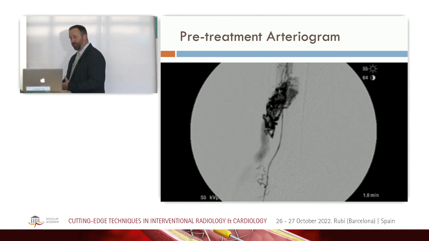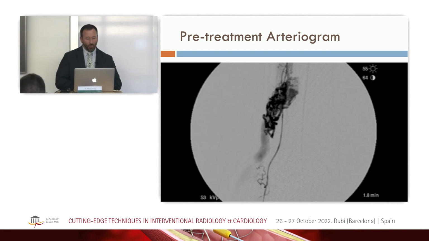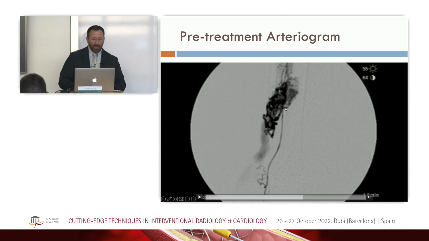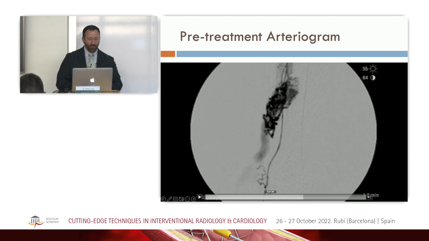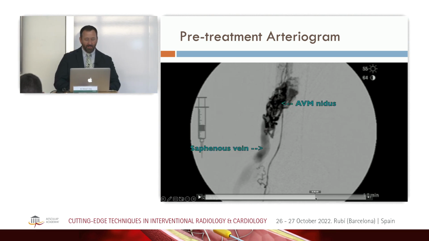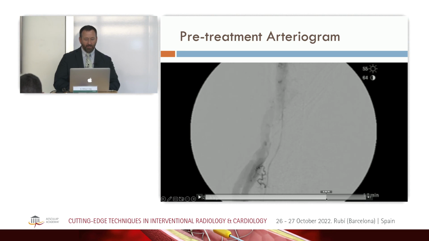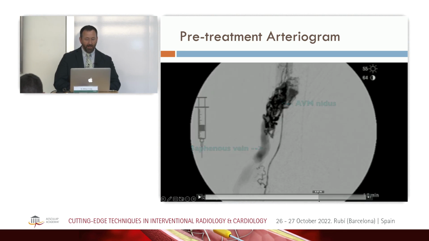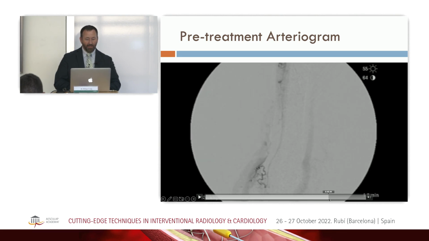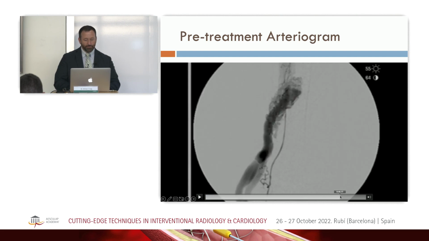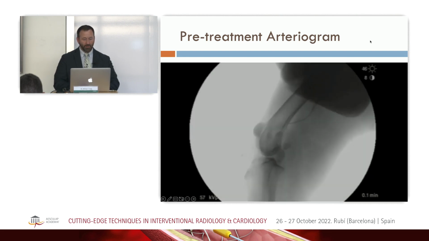And so the supply is very, very abnormal and going all different directions. And the only arterial supply he still has going down distally is this single vessel coming down. That's the nidus there. You can see the branching. There's another draining vein. So it actually comes down some of this vein here, and then it starts to come up, this last draining vein also on the back side of the leg here. So just a very, very abnormal arteriogram.